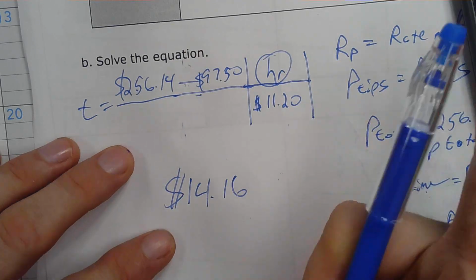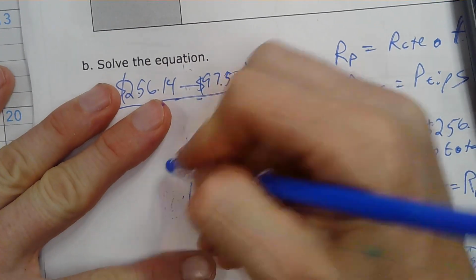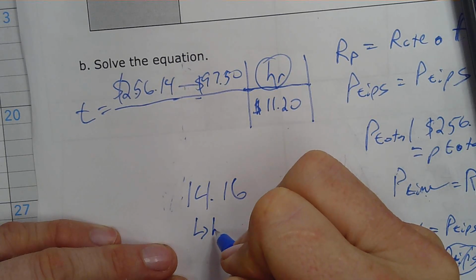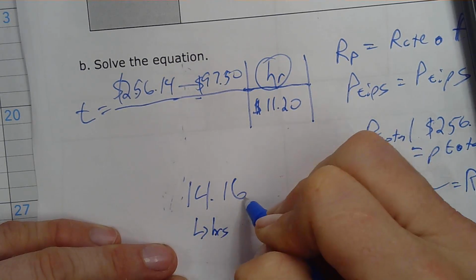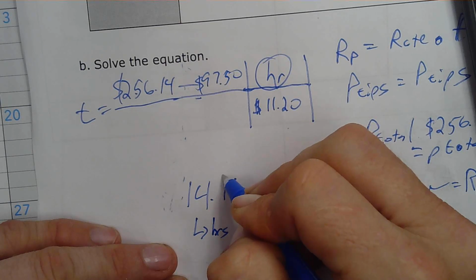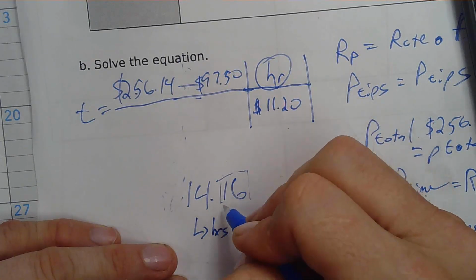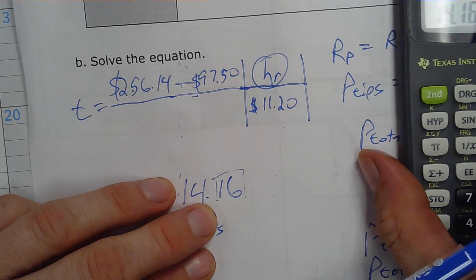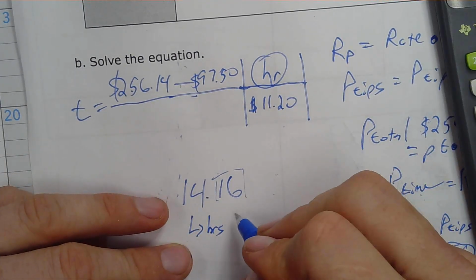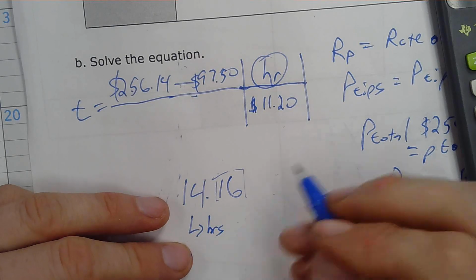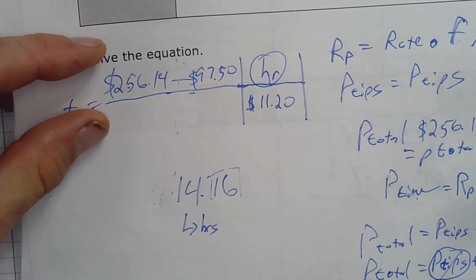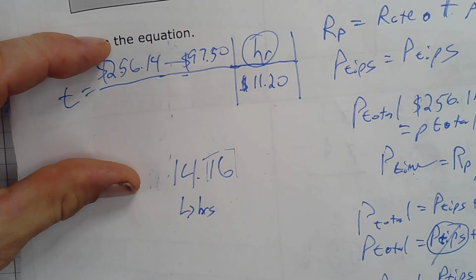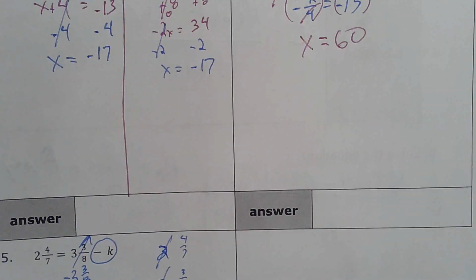Why did I put dollars there? Remember, 0.25 hours is 15 minutes, so this is like 10 minutes, right? So 14.16 hours, just a little bit over 14 hours. That's the correct answer. All right, so moving on to inequalities.